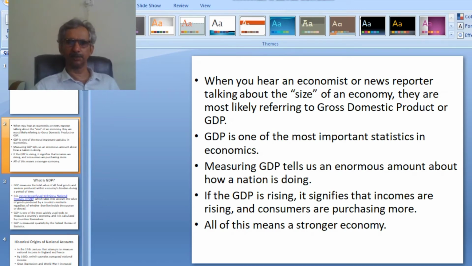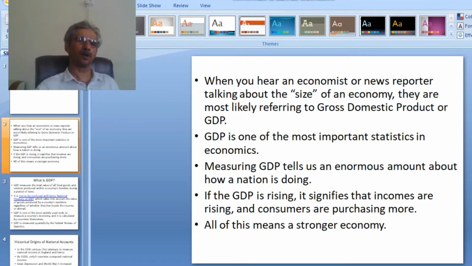So measuring GDP tells us an enormous amount about how a nation is doing. When we measure the GDP of any country, it gives an idea of how the economy of that country is performing. If the GDP is rising, it signifies that incomes are rising and consumers are purchasing more. All of this means a stronger economy.